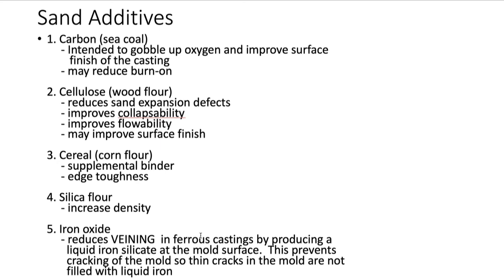If it forms iron oxide, that fluxes the silica on the surface, and now we have burned on sand. So if we remove all the oxygen from inside the mold, it can't form iron oxide or silica. It sometimes even forms silica on the surface of the casting because there's silicon in cast iron. Therefore, if we burn up all the oxygen inside the mold, it reduces that burn on. It actually works very well.